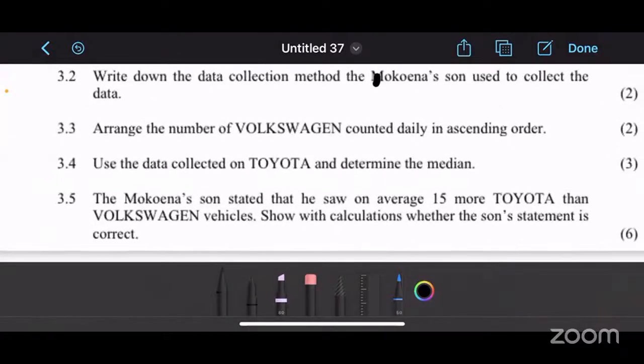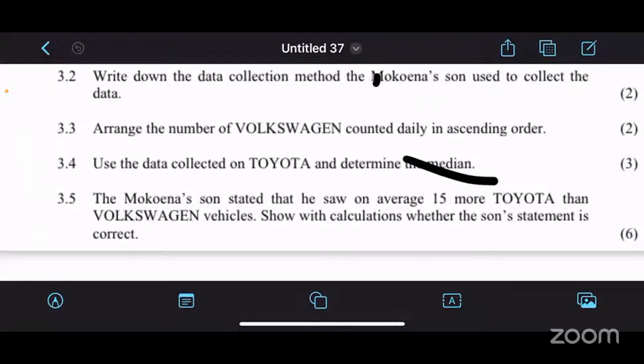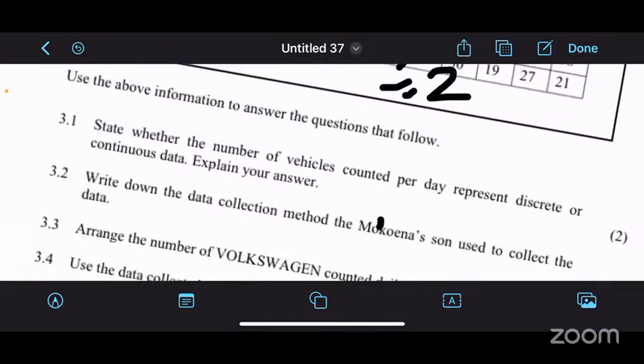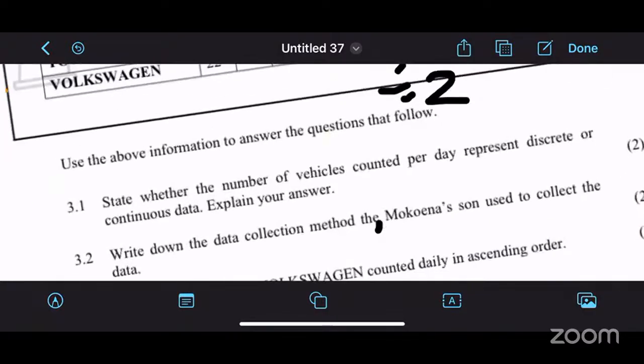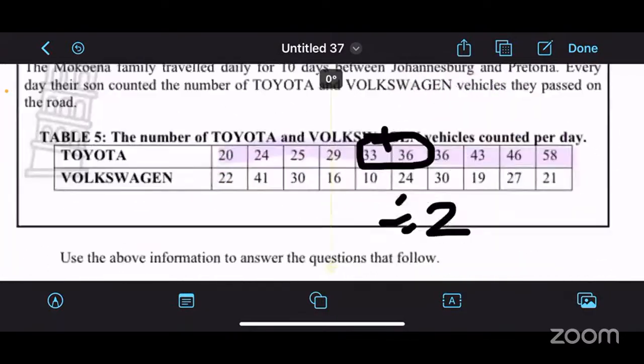We already gave them their median. And Mukwena's son stated that he saw an average of 15 more Toyotas than Volkswagen vehicles. Show with calculations whether the son's statement is correct. First, they talk about average, so you calculate the average for Volkswagen and the average for Toyota. For the average, you add everything together and divide by 10.